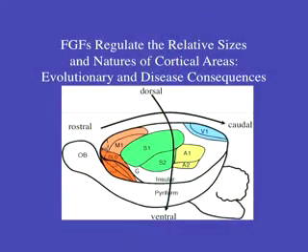So in conclusion, FGFs regulate the relative sizes and natures of cortical areas. They do that through controlling the expression of COUP-TF1, but also other transcription factors that I didn't talk about to keep this talk simpler, such as EMX2, PAX6, and a whole slew of other ones. And of course, this major effect on cortical patterning can be used during evolution to create different sizes of cortical areas as they turn out to be needed or useful to fill in ecological niches.